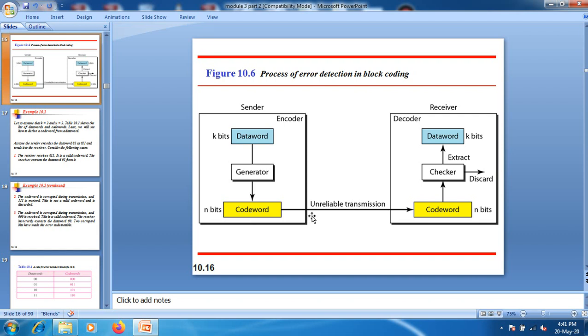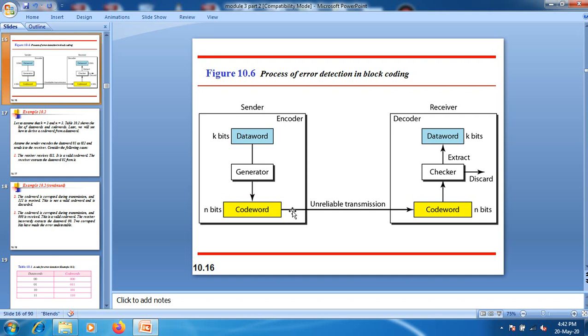This generator builds some sort of relationship between this k-bit data word and the redundant bits, k plus r. Here we are getting the n-bit code word, where n is equal to k plus r.